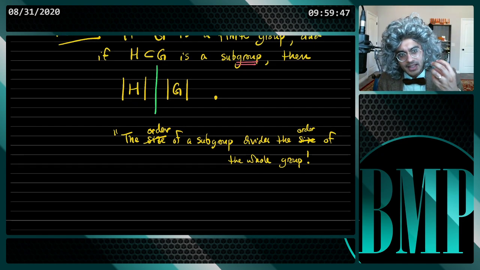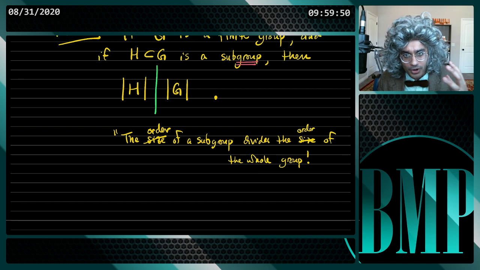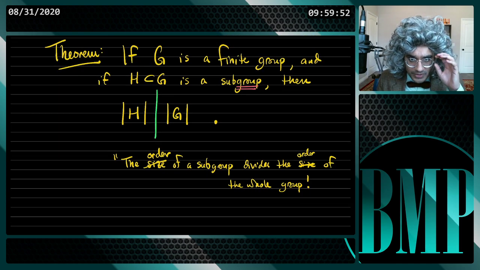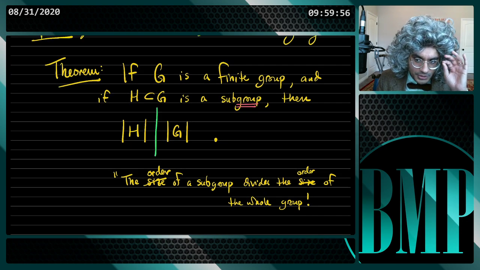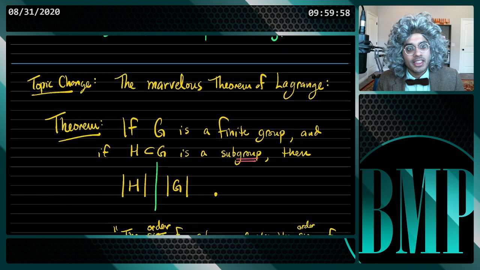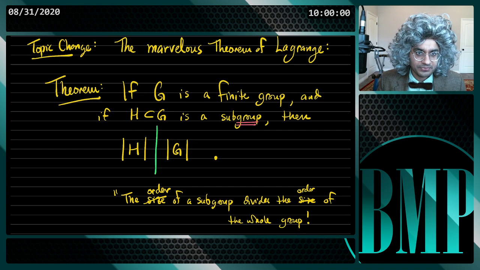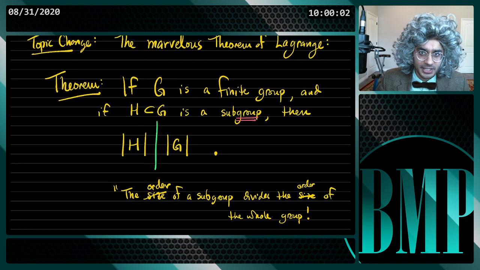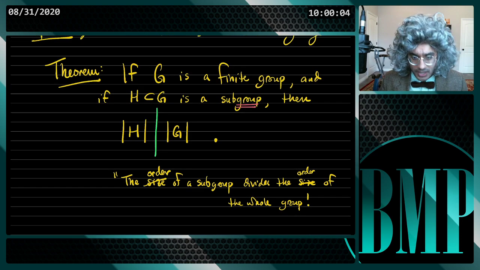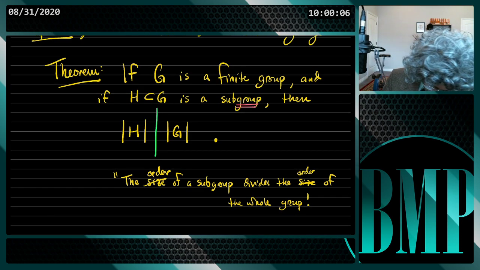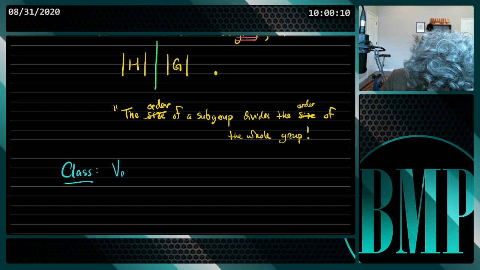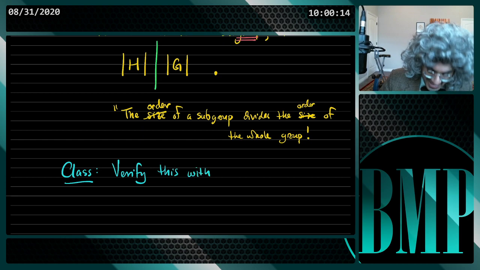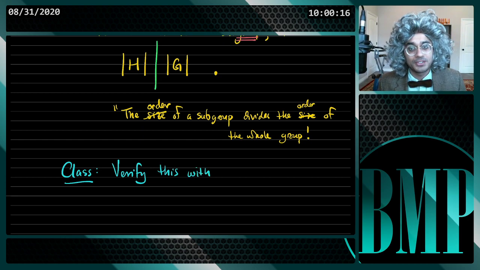So divisibility is born as an important thing to pay attention to, an important little tool to exploit, thanks to Lagrange's theorem. All right, so here's the first thing you should do now that I've stated Lagrange's theorem. What you should do, class, is verify this with as many finite groups as you know.